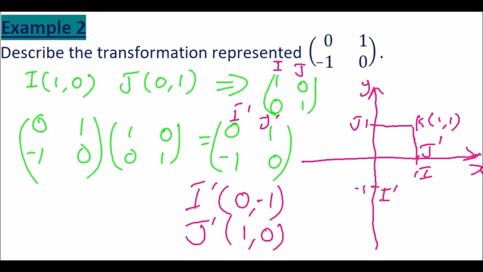Now if we plot this unit square, it will be like that. It's just a sketch. So this is the object and this is the image. We can clearly see that the transformation here is a reflection through the line y-axis, or y is equal to 0.